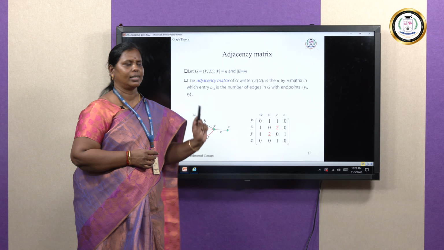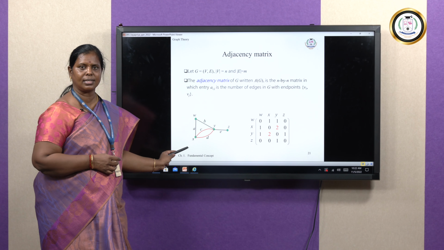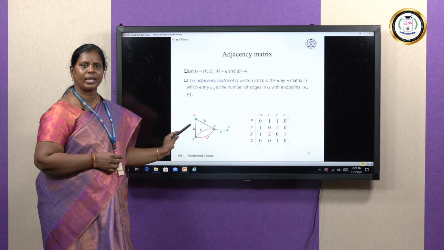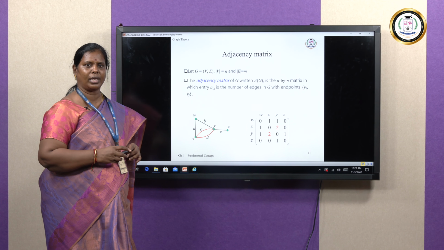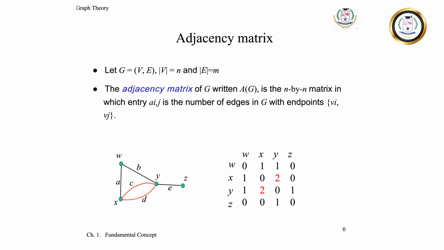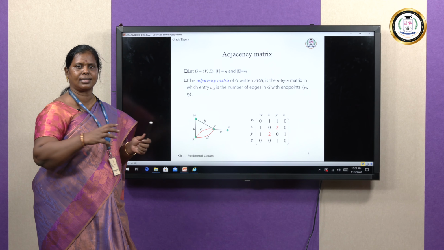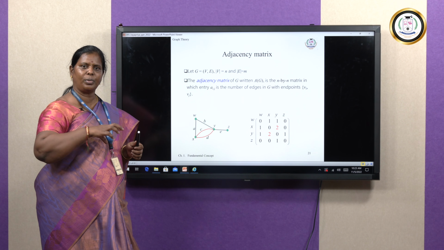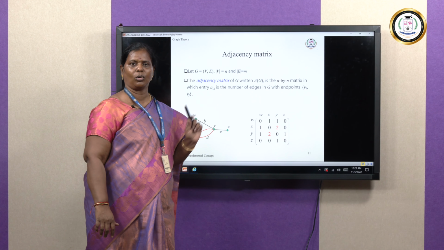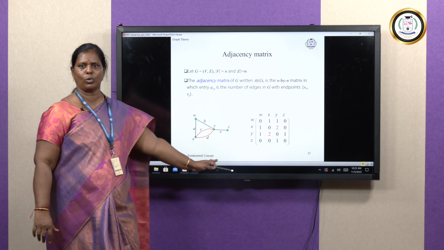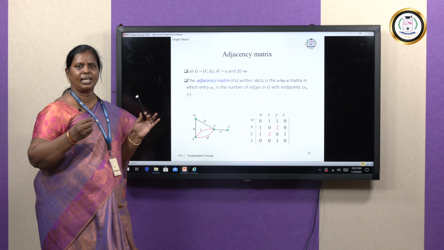Coming to Y, is there any edge between X and Y? We notice here there are 2 edges connecting X and Y. So, it is a parallel edge. So, we mark it as 2. Why are we writing 2? Because there are 2 edges connecting X and Y. In other words, there are 2 bridges between X and Y. Similarly, we obtain the other 2 rows by looking into the graph and looking for the incidency.